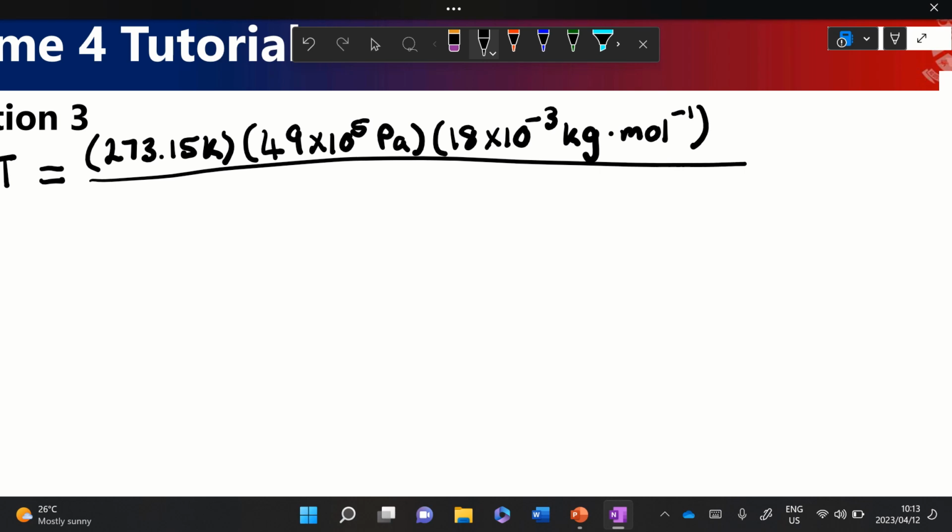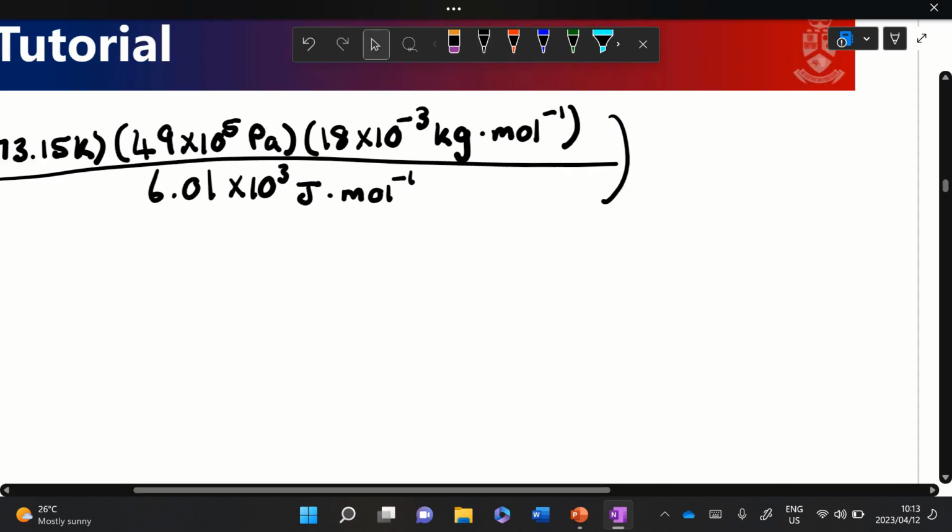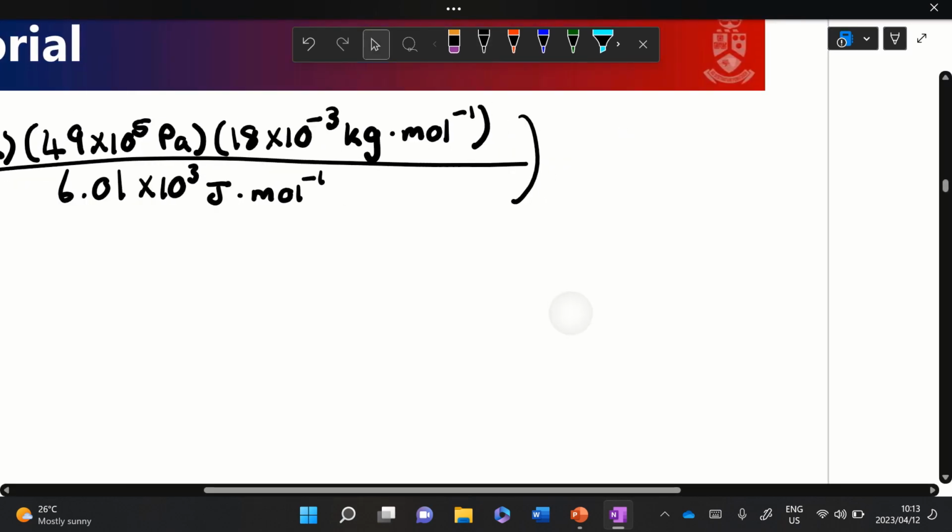And of course the enthalpy is times 10 to the power 3 joule per mole. So if we're working with kilogram on top here, then we just need to work in kilogram below here.